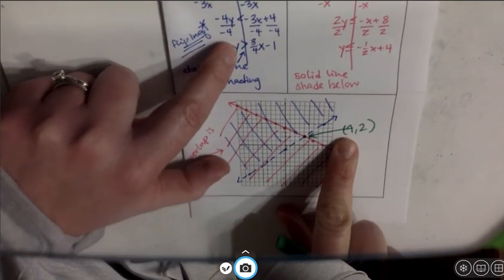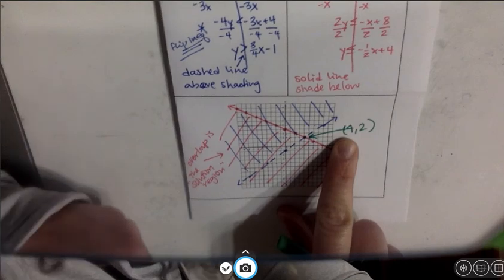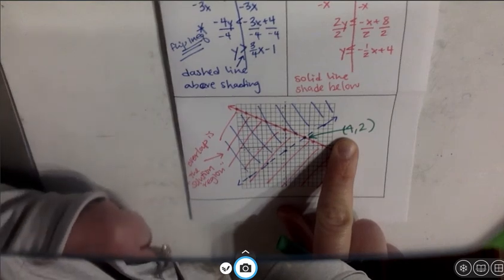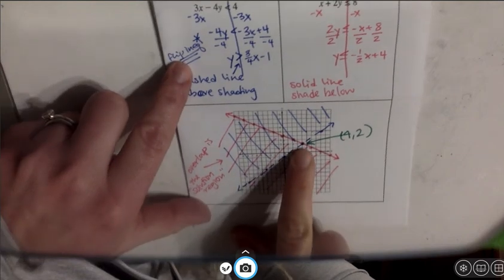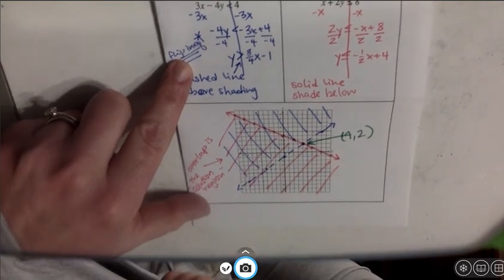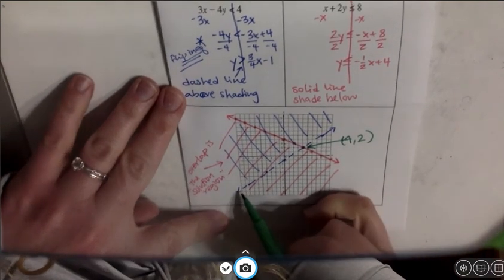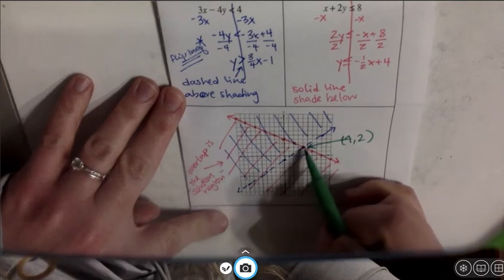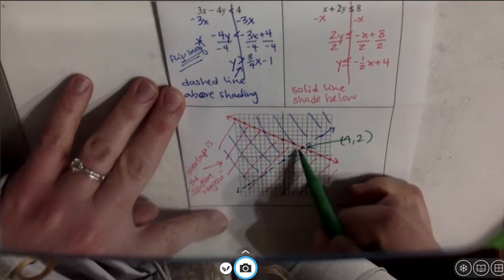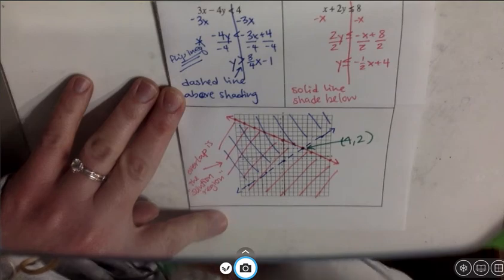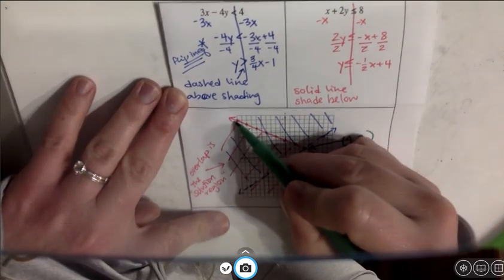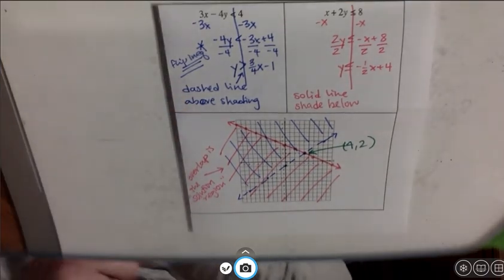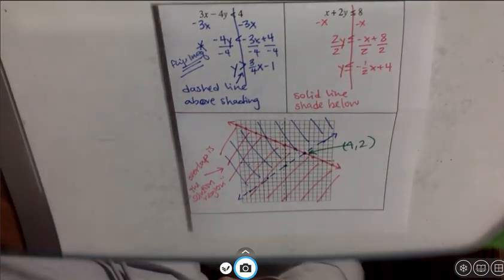So it says 2 is greater than 2, which is a false statement because 2 is equal to 2. But because there's no equal to on there, this particular point is not a solution. As well, no other point on this dashed line here is a solution up until that intersection point. But every point here, as well as every point on the pink line up until the intersection, is a solution.